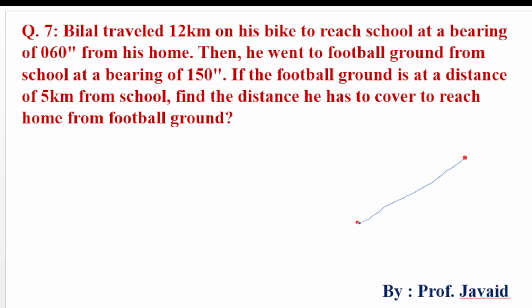First read one more thing: on his bike to reach school at a bearing. Home and school, and then the other thing, he went to the football ground. We must show the football ground also here.